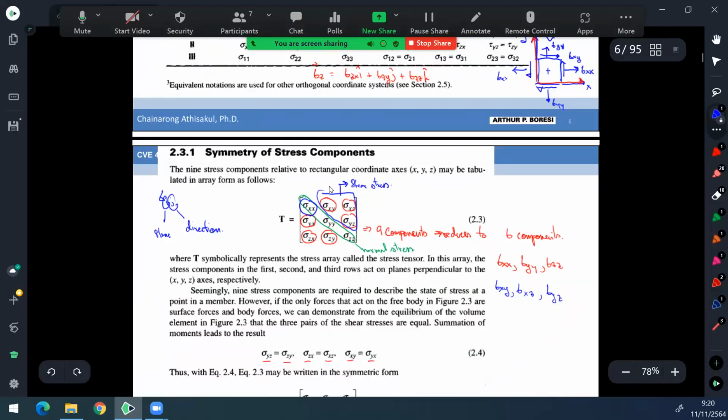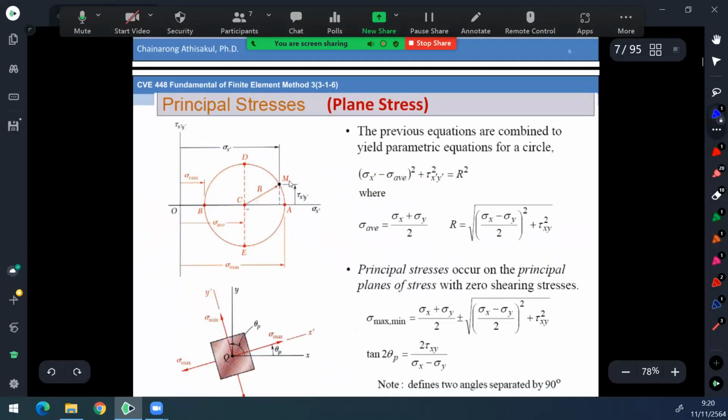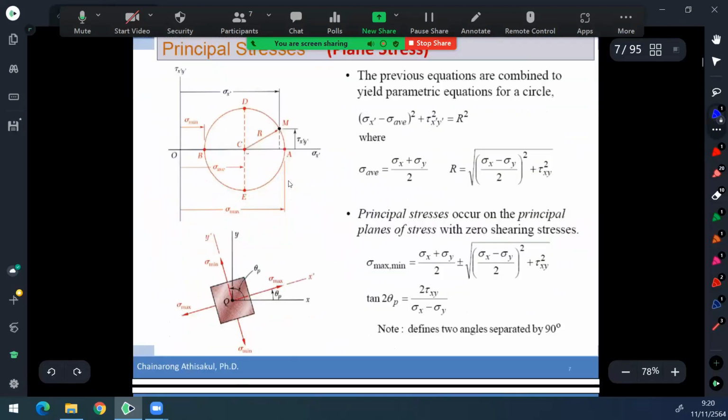Okay, if we focus on plane stress, we can apply the Mohr circle technique in order to find the maximum and minimum, which we call the principal stress.